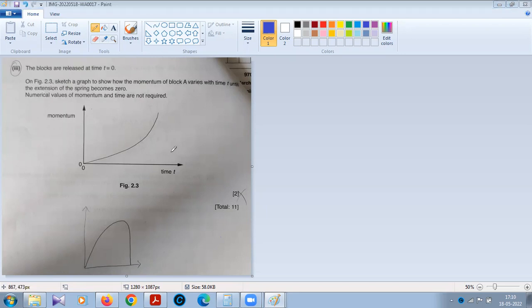So we are extending, we are stretching it. Okay, so as we are stretching it, tension is increasing. And it's a straight line given to us.